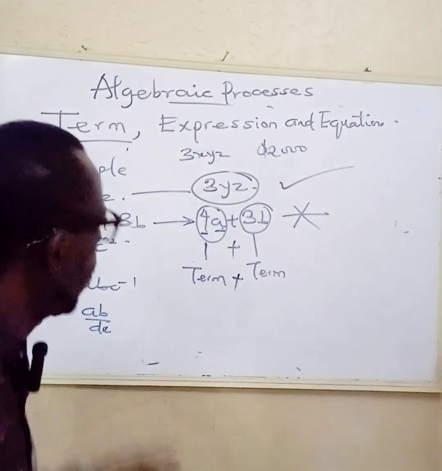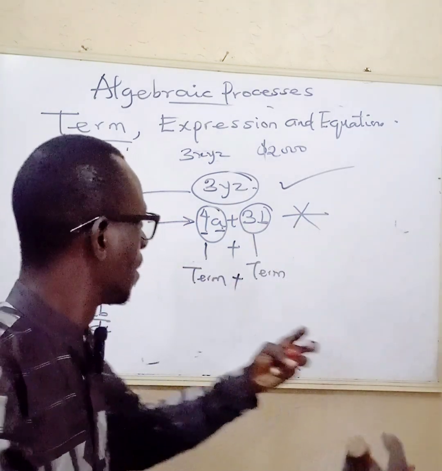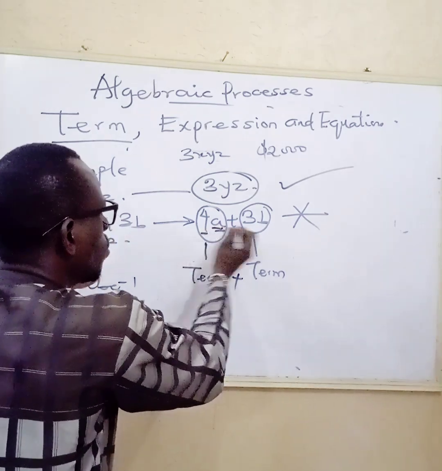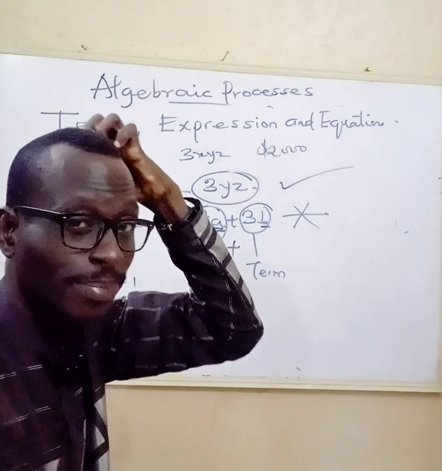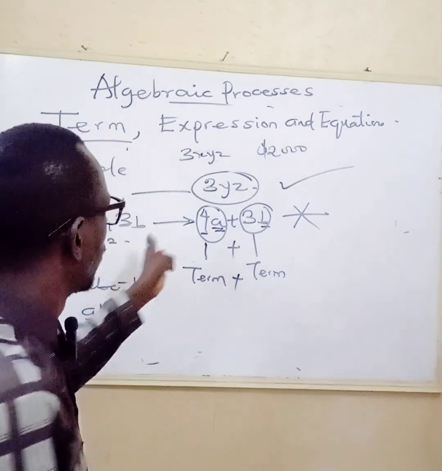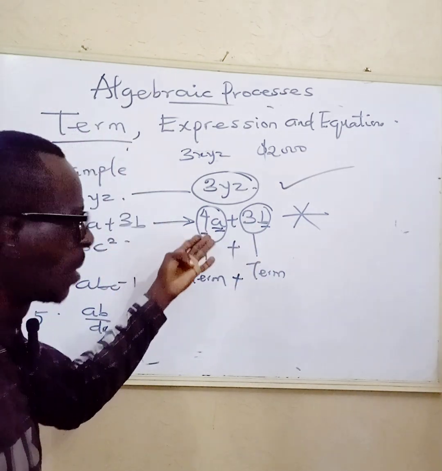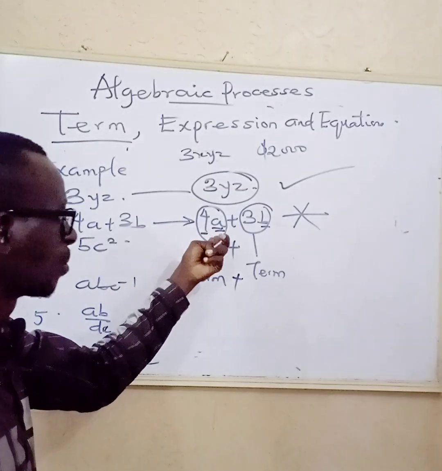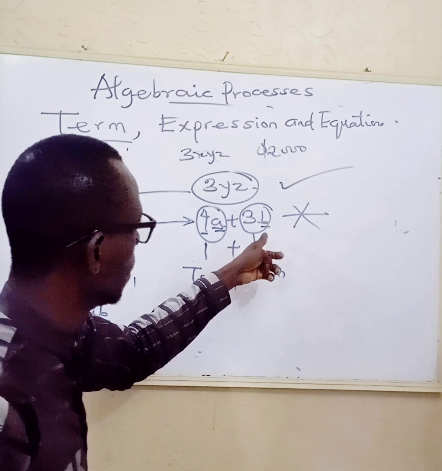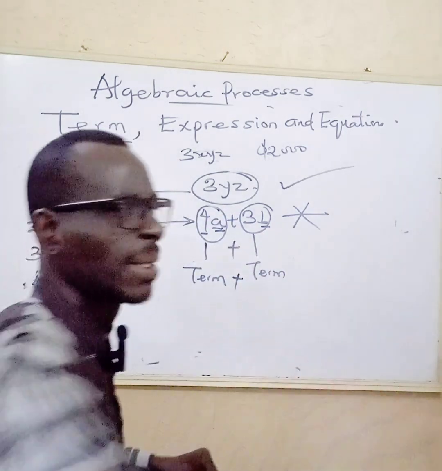Good. But when we are talking about the combination of unlike terms, these are not like terms because they have nothing to do with the same variable. We are talking about 4a and 3b. When we have 4 phones, let's assume this is 4 phones, 3 pencils, those are 2 different entities.